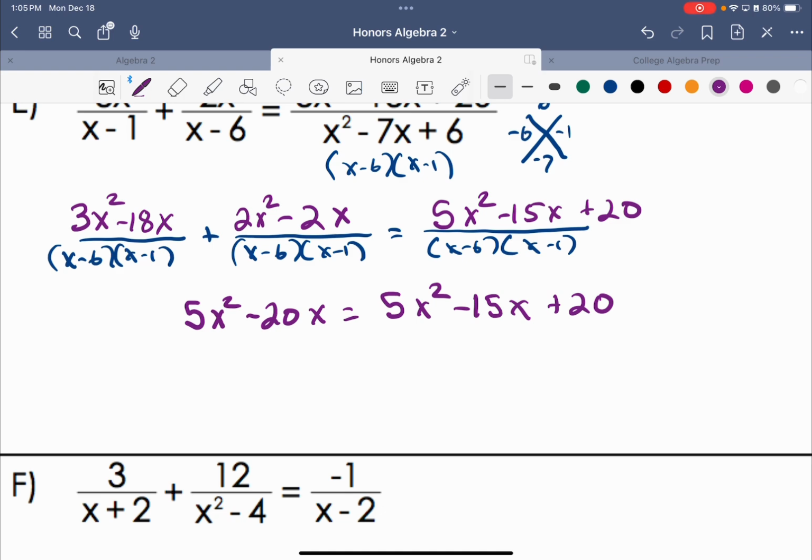So we're good with the 5x squared minus 20x equals 5x squared minus 15x plus 20.